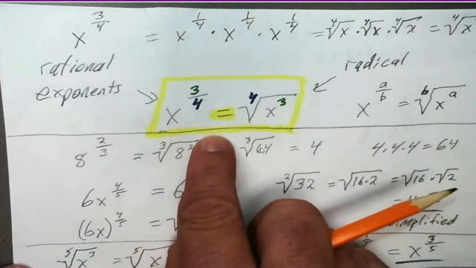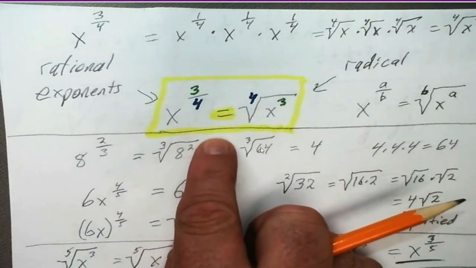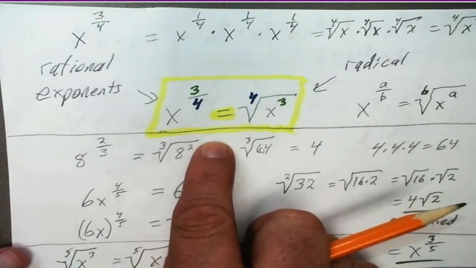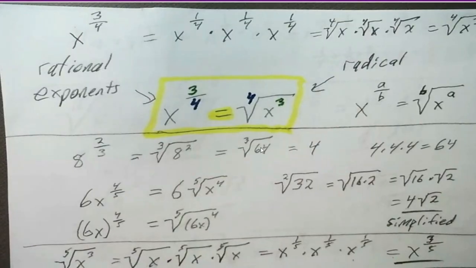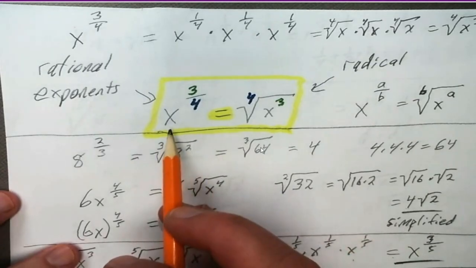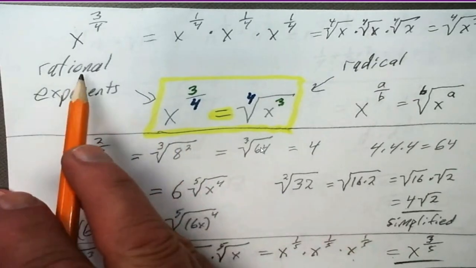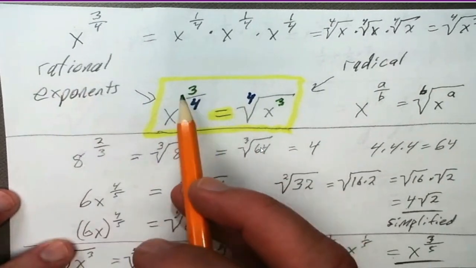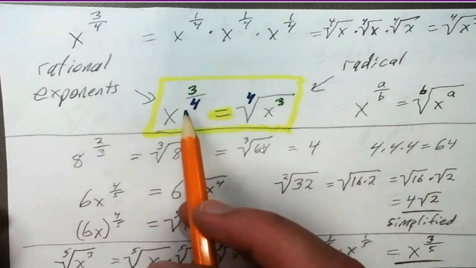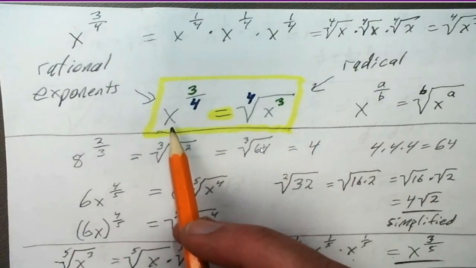Let's see, what else did we look at? Here was the important thing last time in lesson 1, 2.01. The key to this whole unit, to doing well on the test, the quiz, the assignments, is knowing how to go from a rational exponent, and a rational exponent has a fraction as the exponent, x to the 3/4.